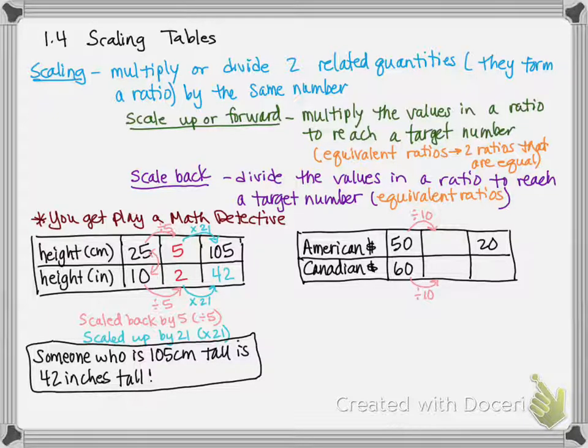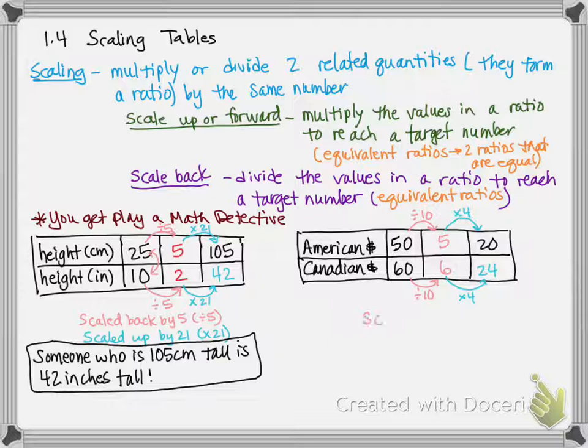And that's going to give me a 5 and a 6. And then 5, I would need to scale up by 4. So I'm going to multiply 5 by 4 to give me 20. So I multiply the other part of the ratio by 4, and I get 24. So again, let's write down what we did.